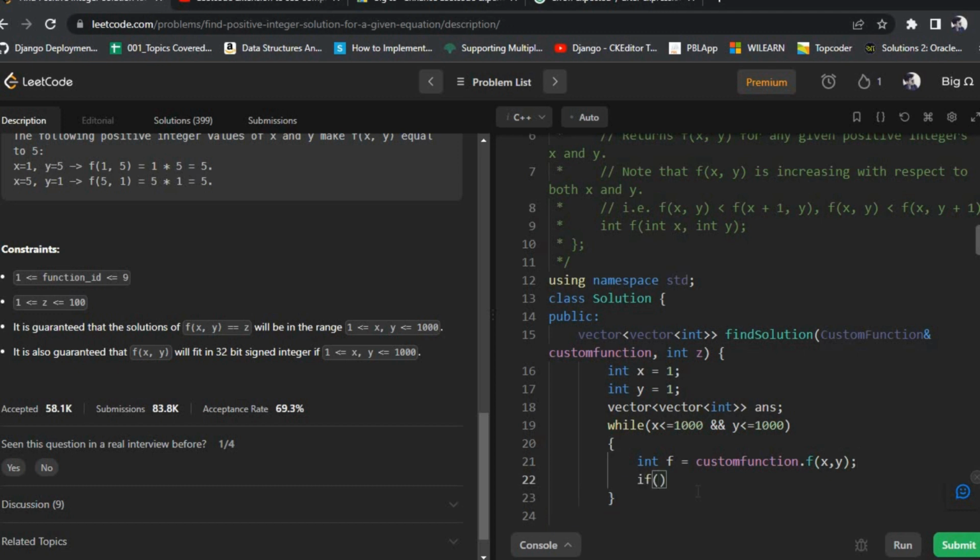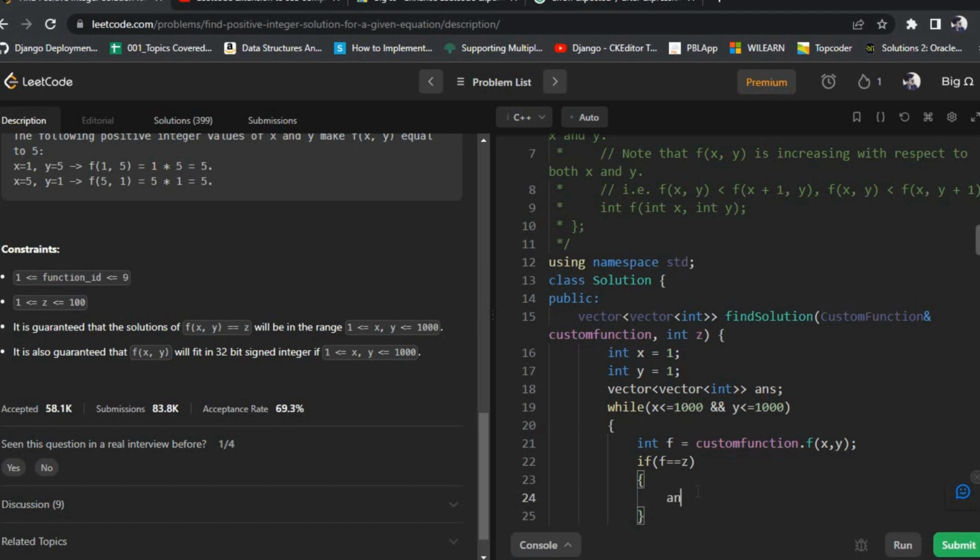Let's check if f is equal to z, that is the target value. If it is equal to the target value, then answer.push_back, we have to give the vector, x and y.